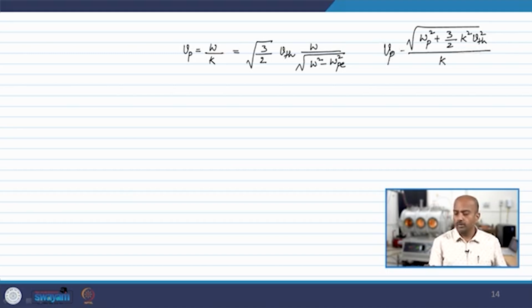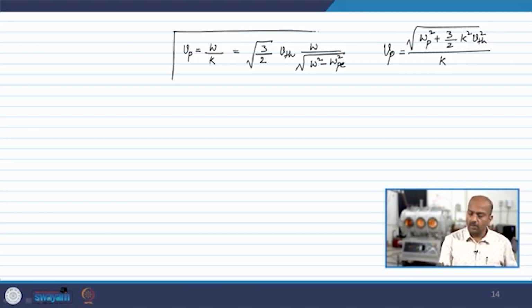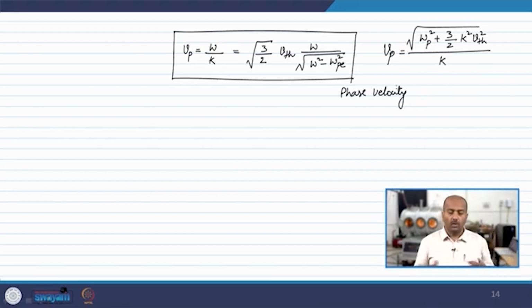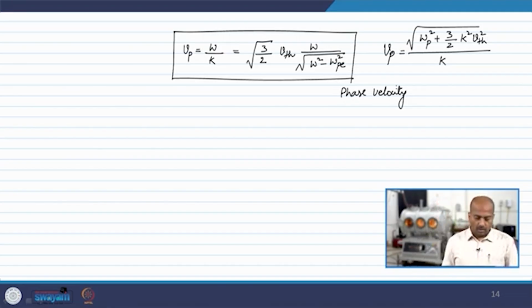This is your Vp. I have rearranged the terms so that Vp can be written like this. What is this? This is the phase velocity. So, this velocity tells you how a given phase in the wave is propagating, or how it is moving actually, right.